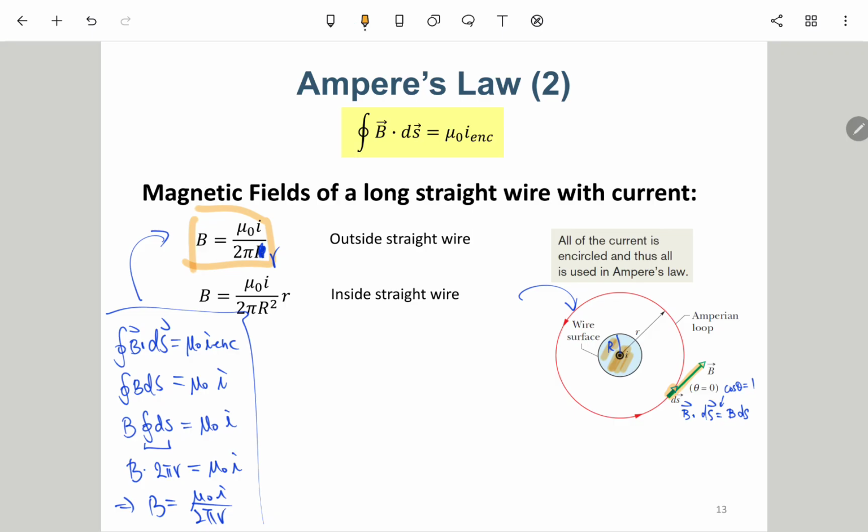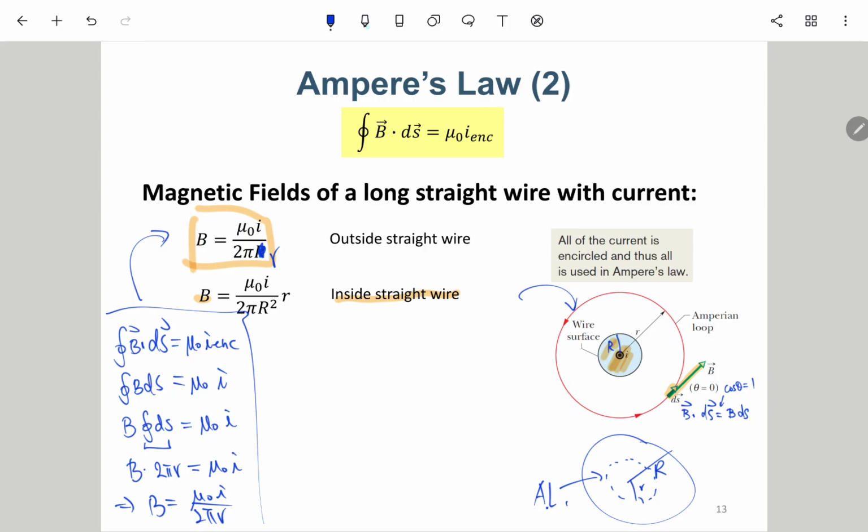But here we can also derive another interesting result, which is the B field inside the straight wire. For the B field inside the straight wire, we have another case like this: this is the wire, and this will be the Amperean loop with a radius of small r.